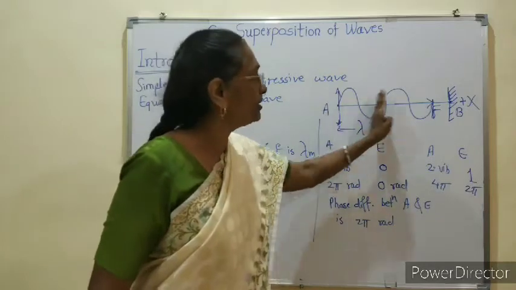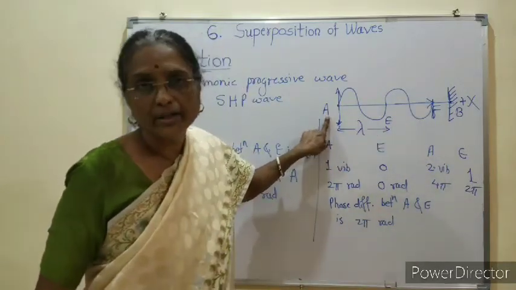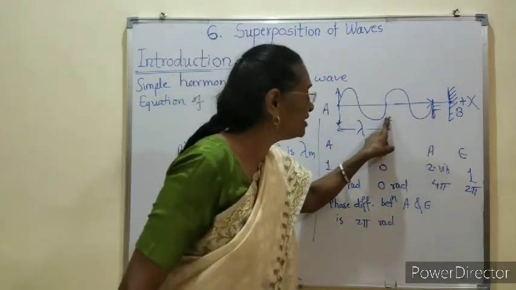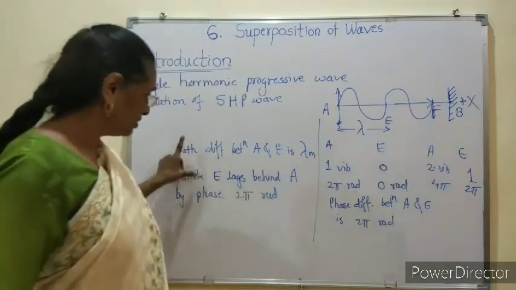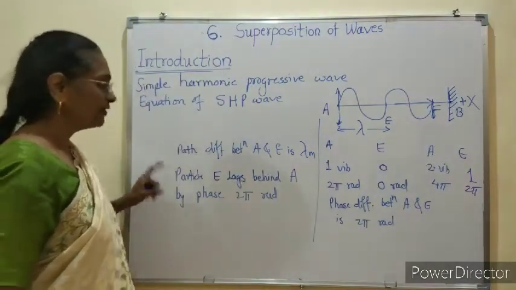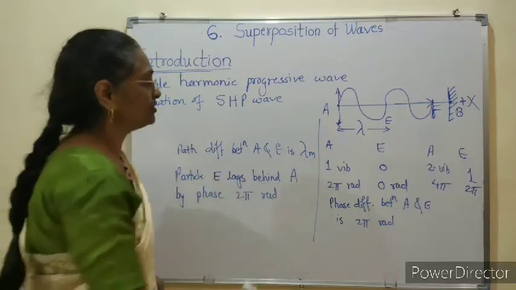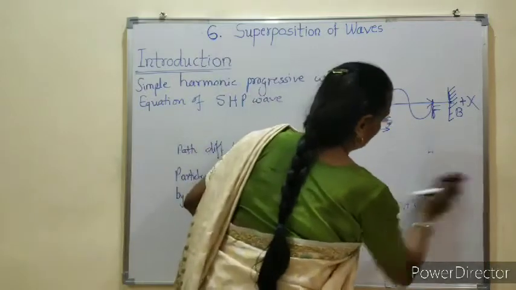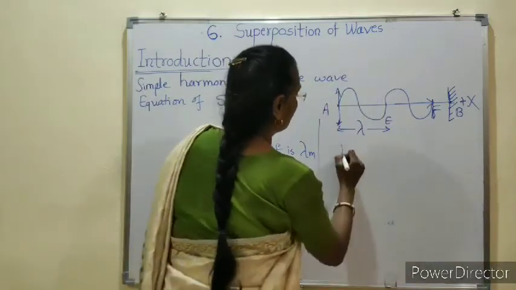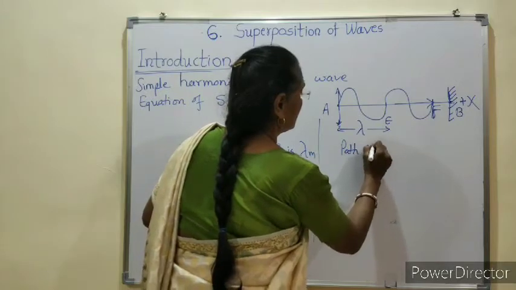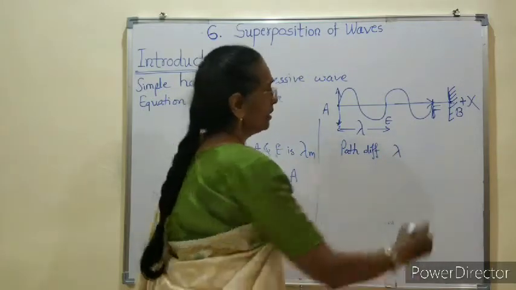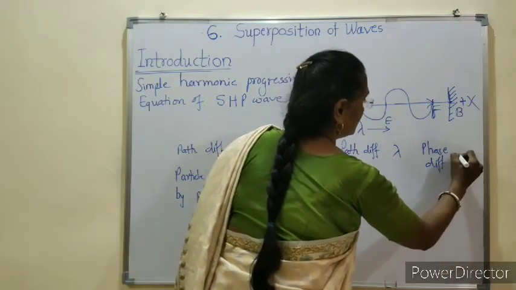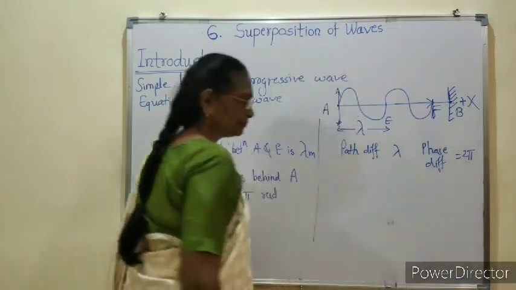All particles lag behind the particle A: E lags behind A, F lags behind E, like this. We have taken only one pair: if the path difference is lambda, the phase difference is equal to twice pi radian.